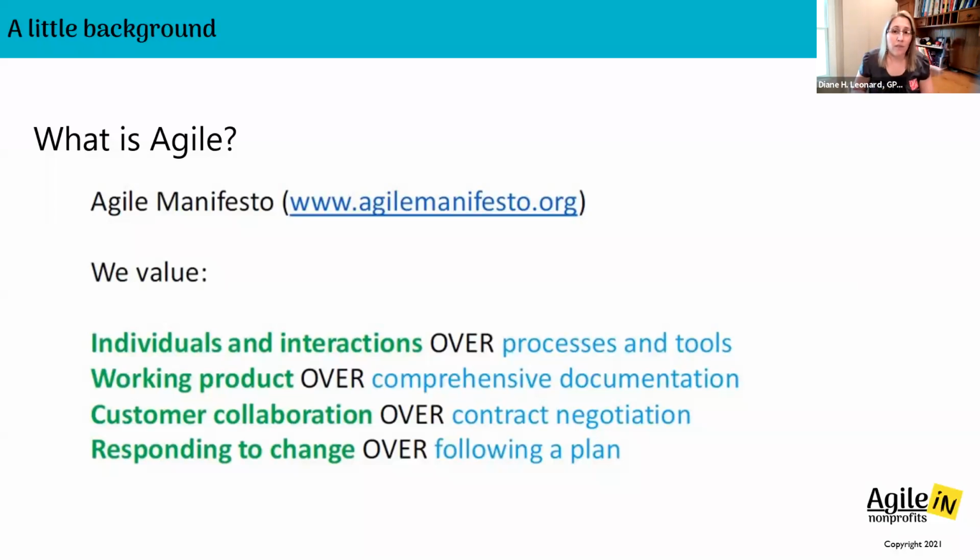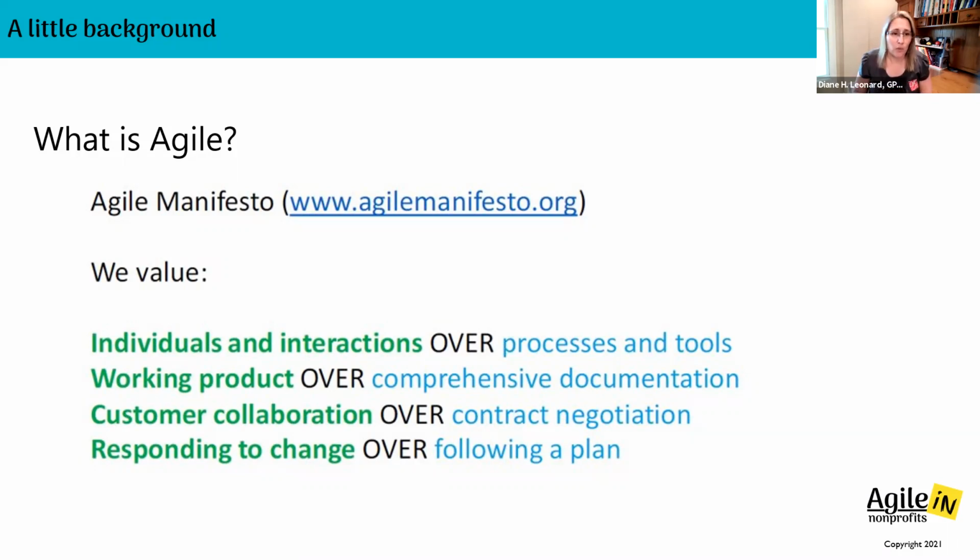What I want to have you think about is the 4 values that are included in the Agile Manifesto. You can go read the whole Agile Manifesto at agilemanifesto.org. It's accessible, it's international in its usage and acceptance, and it's great to reference if you're trying to understand what it means if we say our team is Agile, if we say our organization is Agile.